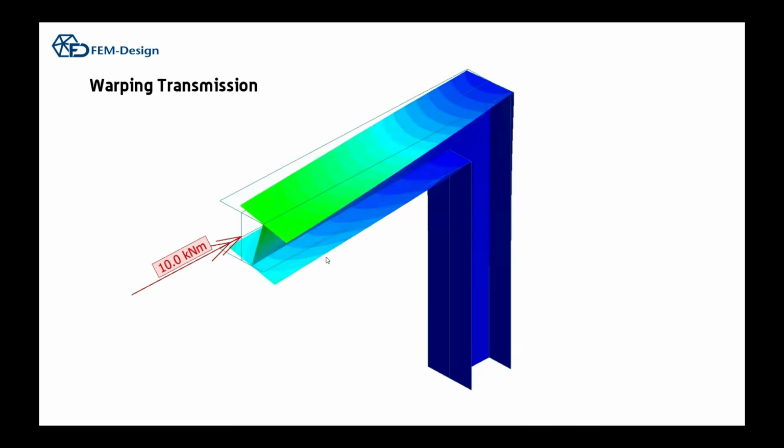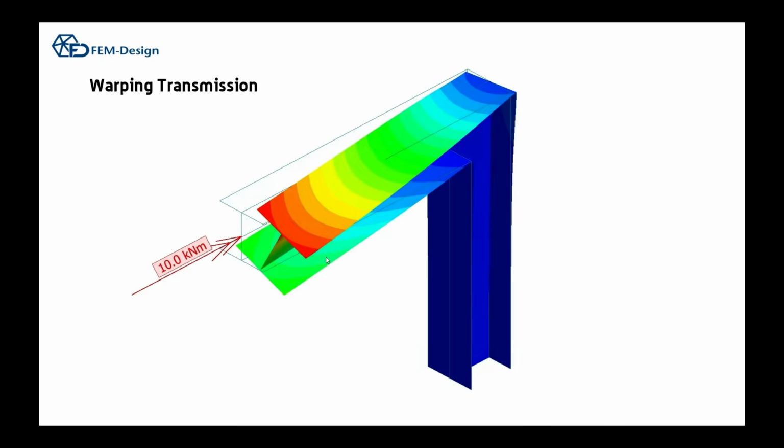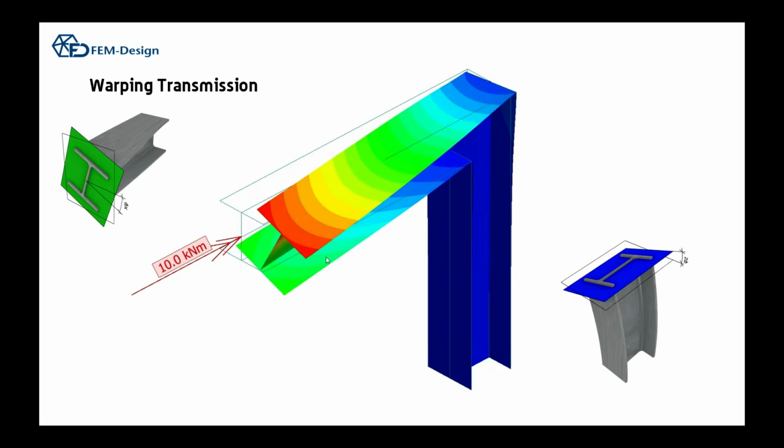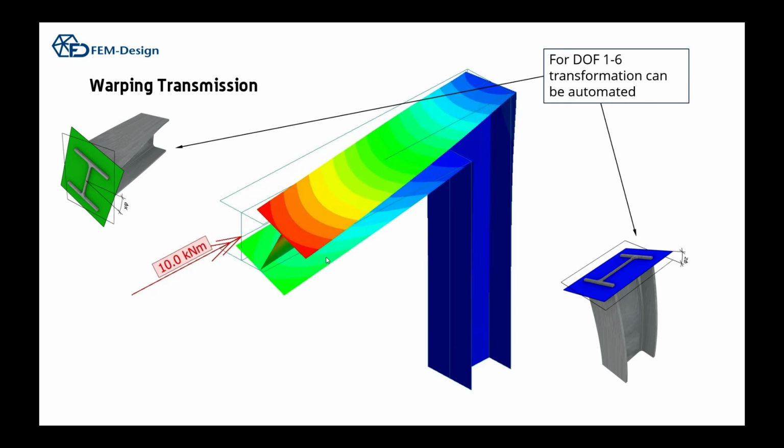And same here, if we twist the beam, we can convert it to the secondary bending of the column. We can just write the translation, or automate it in finite element software. So the transformation can be automated in the first 1 to 6 degrees of freedom.